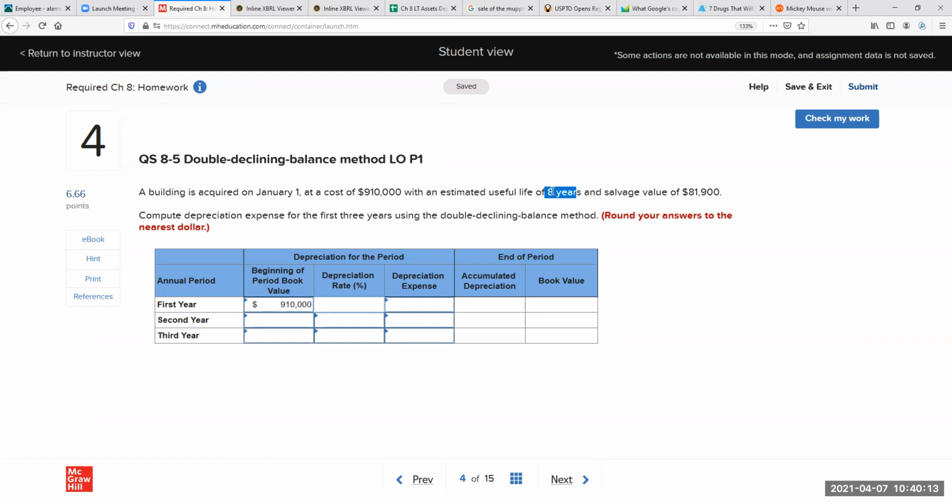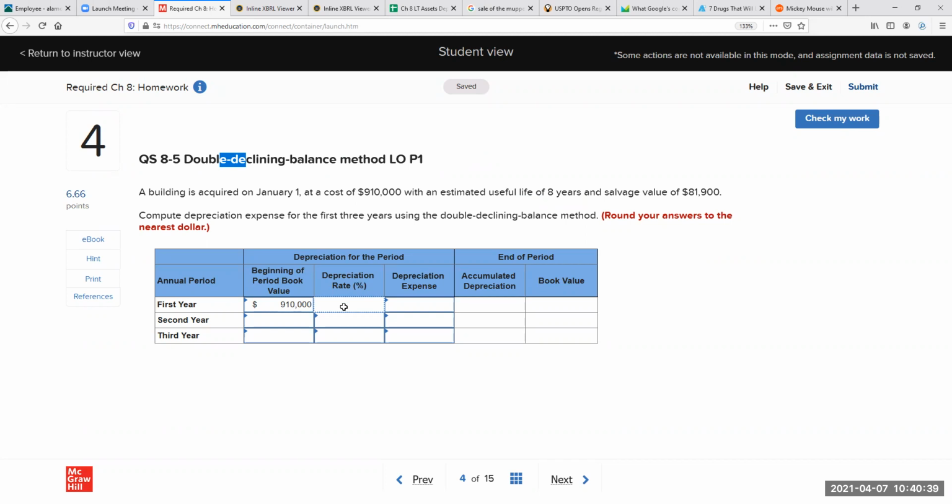So straight line gives 1/8 per year, and double declining would be 2 times 1/8, or 2/8. If something lasts 4 years, the straight line rate would be 1/4, and double declining balance gives you 2/4. Straight line rate for 5-year property would be 1/5, and double declining gives 2/5. If it was 10 years, you get 1/10 per year straight line, and double declining balance gets 2/10. But it's a little more complicated.